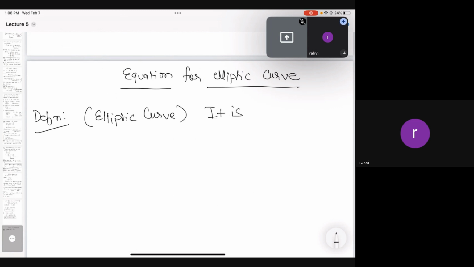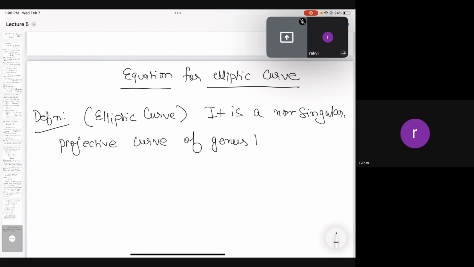It is a non-singular projective curve of genus 1 with a point defined over the base field. So it's a genus 1 curve with a point.